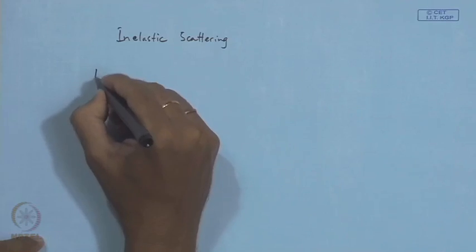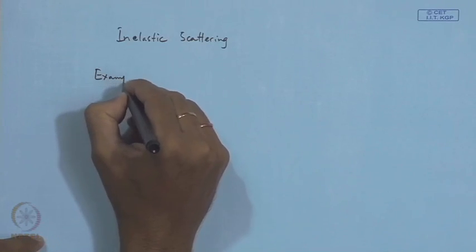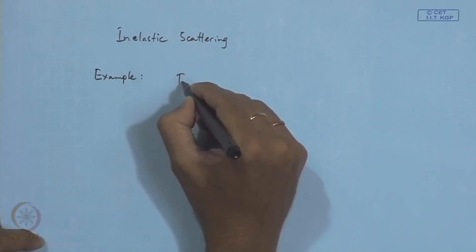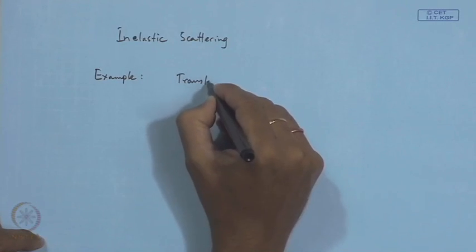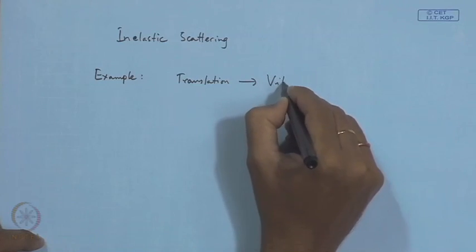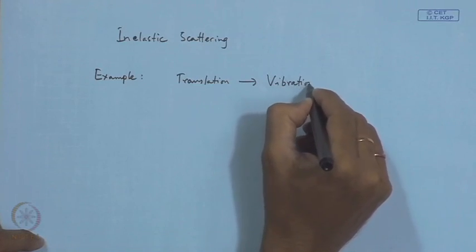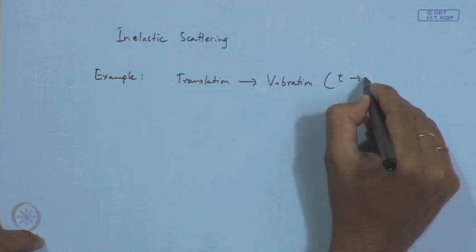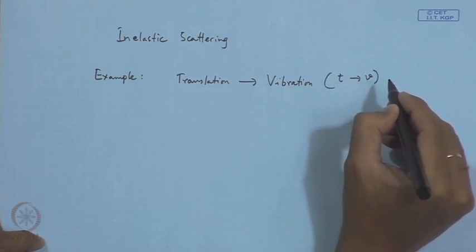Example, say translation to vibration, T to V.